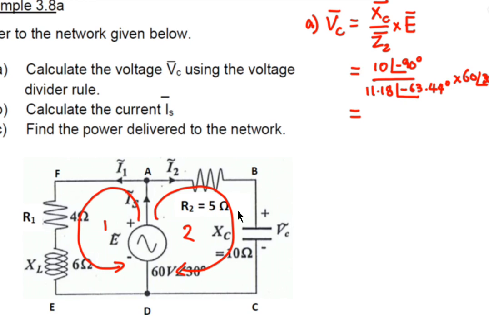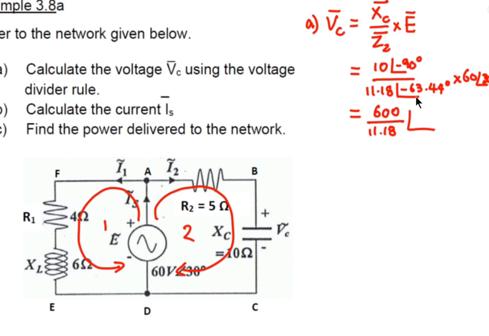That will give me 10 times 60, 600, divided by 11.18, and the angle is minus 90 plus 30 and plus 63.44.